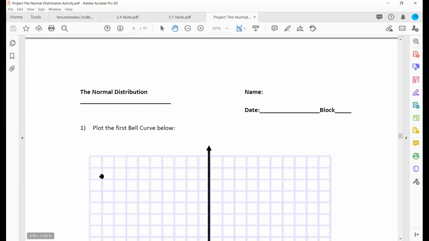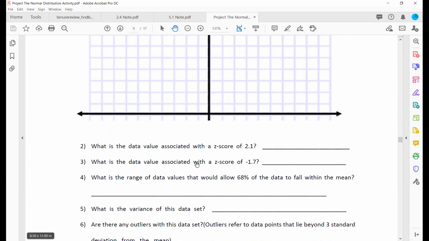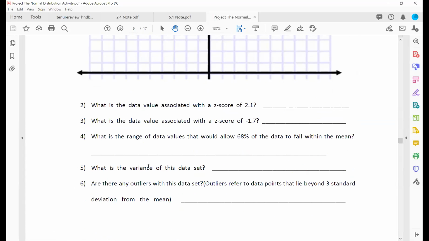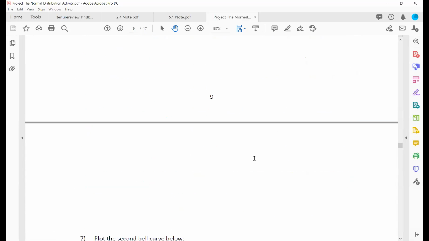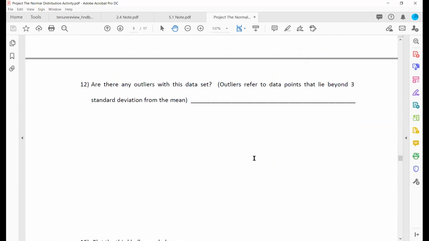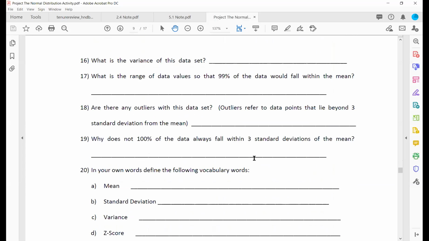Plot the first bell curve. Answer the following questions. As you can see, I'm not really interested in your actual data. I want you to use your z-scores to answer these questions. Then the second one and the third one.